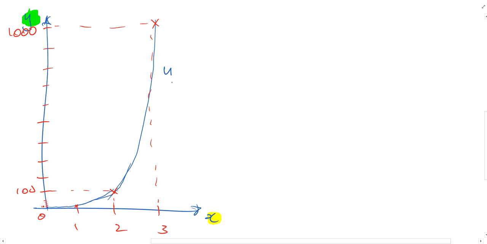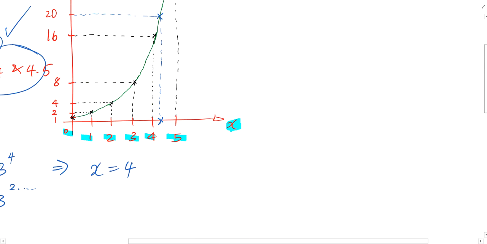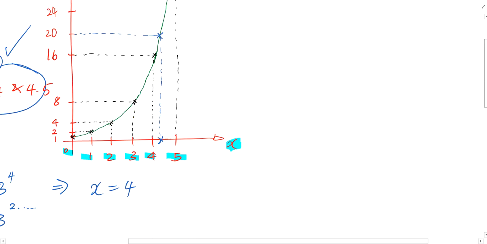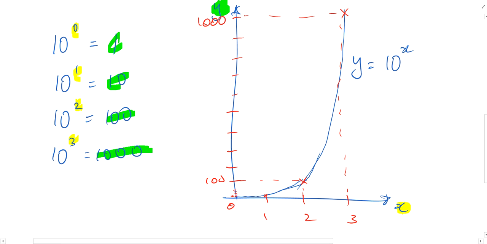This is my graph of y equals 10 power x. The shape generally looks the same, right? Now, if I want you to find 10 power x equals 800, what is x? Give me a good estimate. Between 2 and 3.